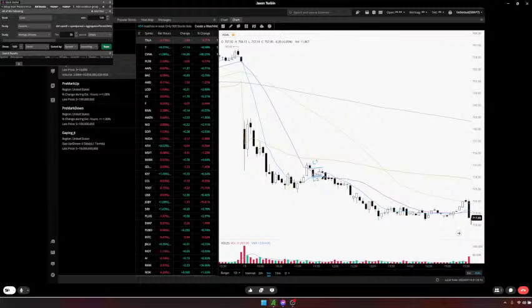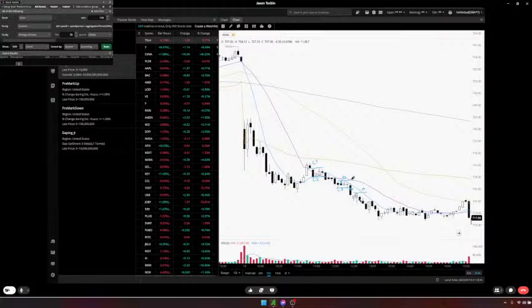Shorting here at level 1, adding at level 2, bar by bar, just create a bunch of partials. It's just so nice. Partial right here, put a stop above the pivot, and then add underneath this level. Right here, and then partial again, stop above the pivot, bar by bar.